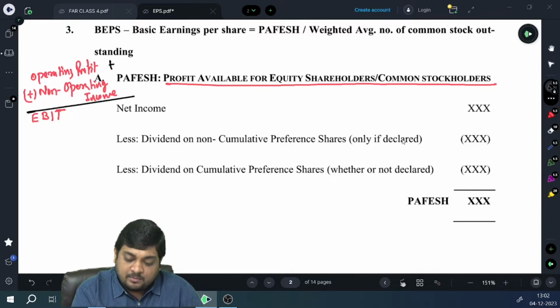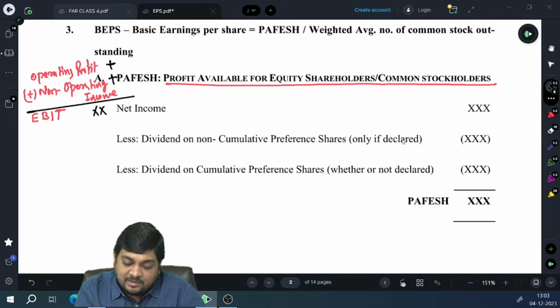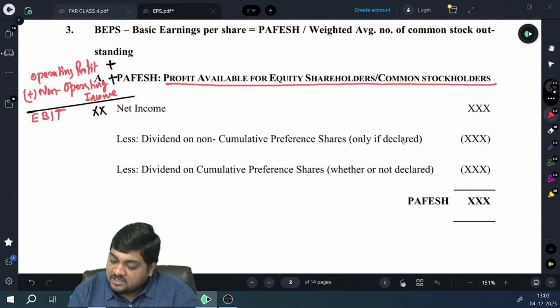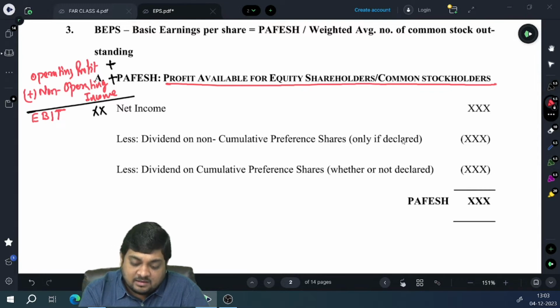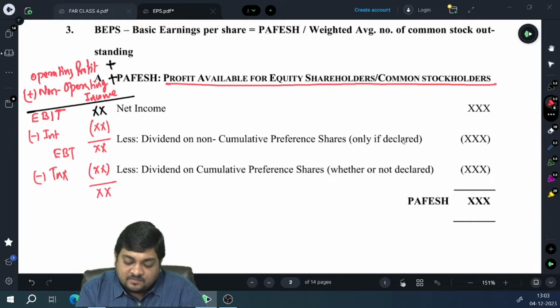So from operating profit, if you add non-operating income, you get EBIT. Now from this particular EBIT, you subtract interest, so you get earning before tax, then you subtract tax, so you get net profit from continuing operation.